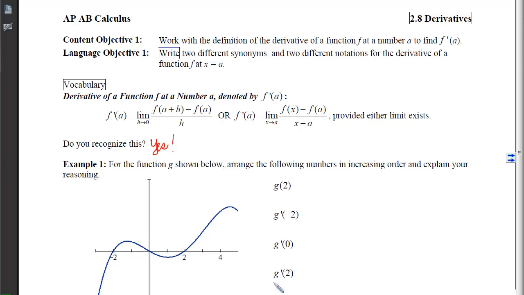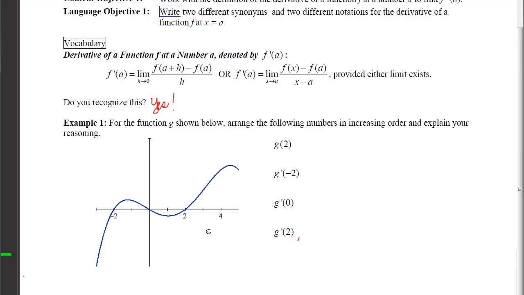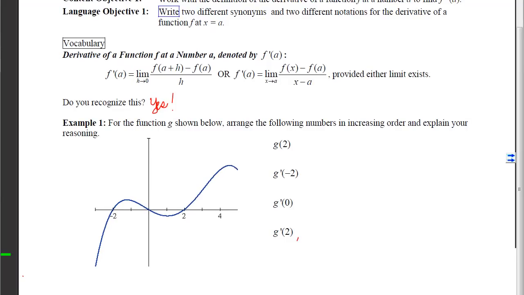So with example 1, it says we want to arrange these following numbers in increasing order and then explain our reasoning. So if we think graphically about what these are each representing, we can see that g of 2 is the output, which is actually going to be 0 on this graph. We can see g prime of negative 2 is the slope here at negative 2, and that is a positive number.